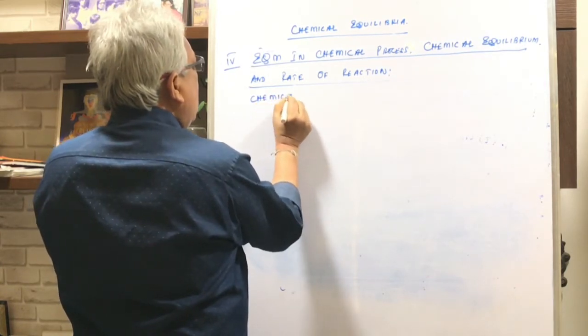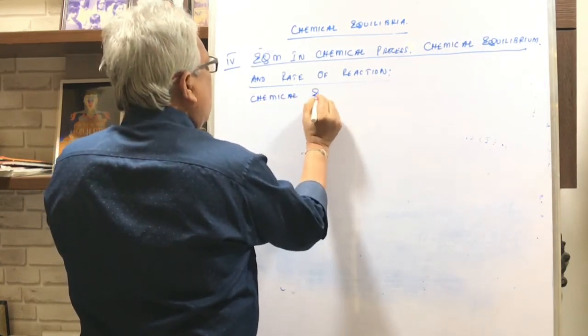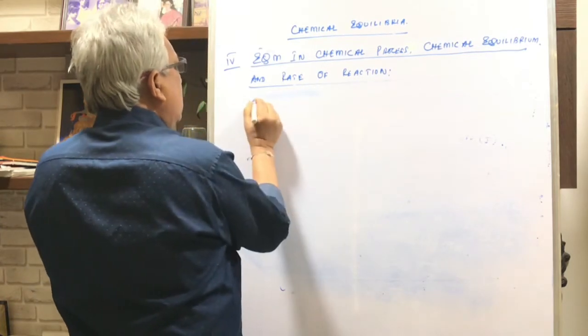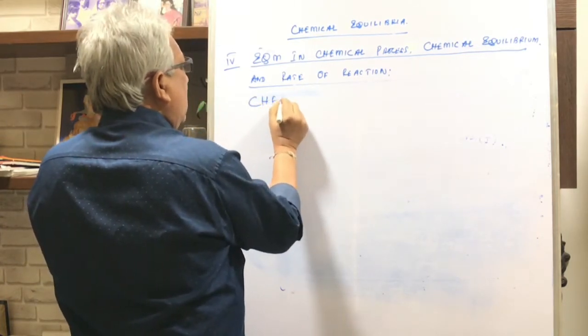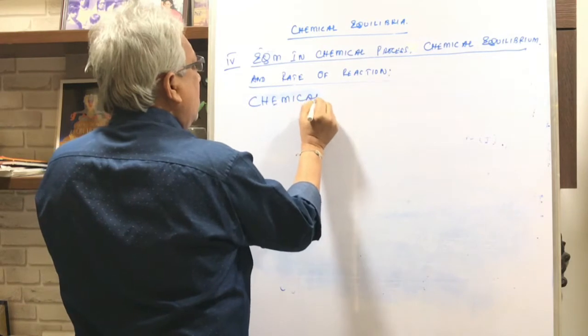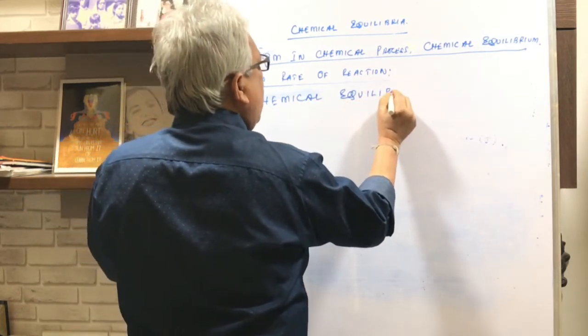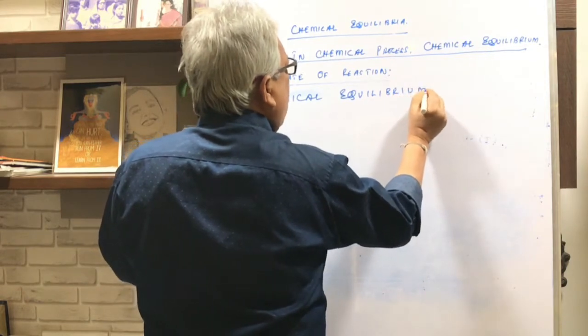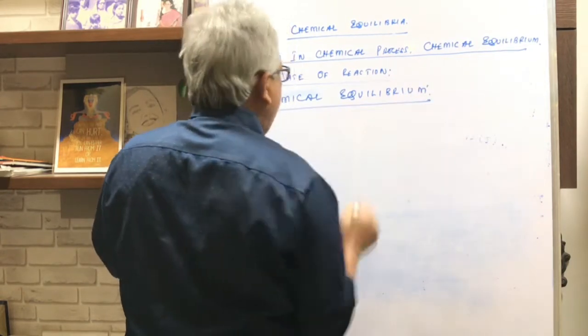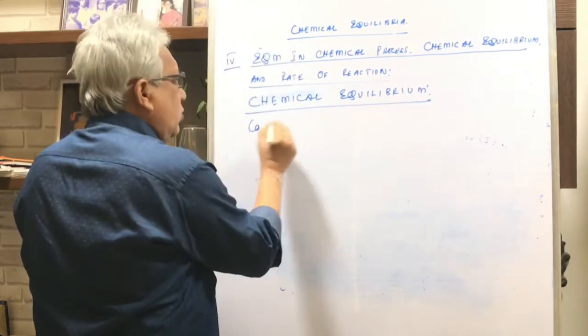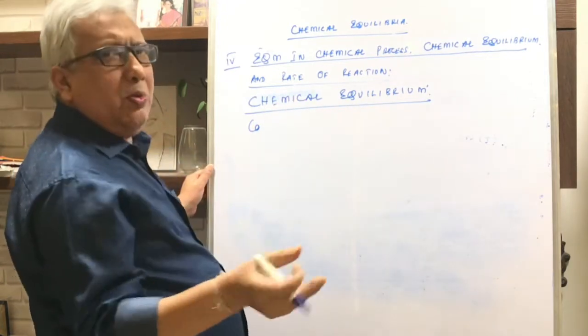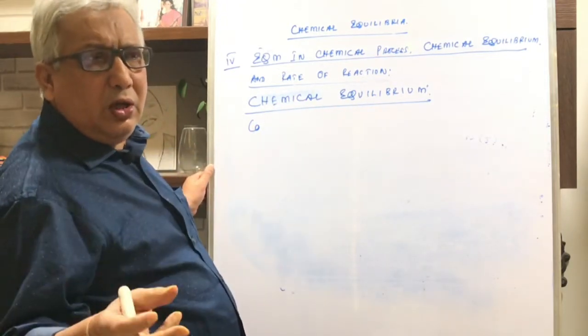Now, chemical equilibrium. I'll write it a little bigger. What I said, that is what I will be repeating with a little more illustration or elaboration. The word equilibrium will be applicable only when the reaction is reversible.